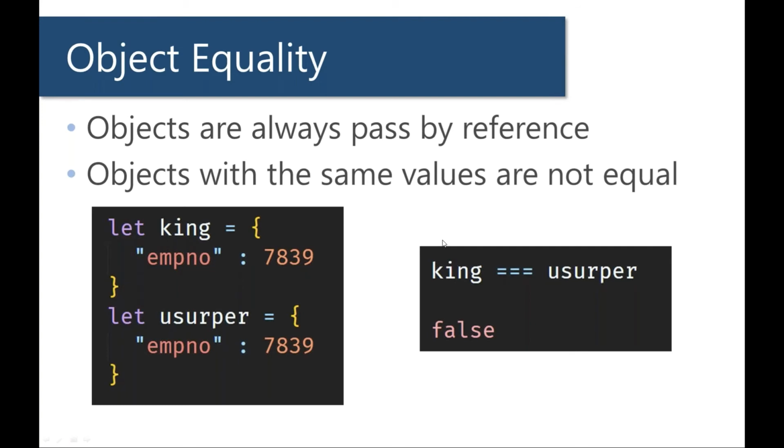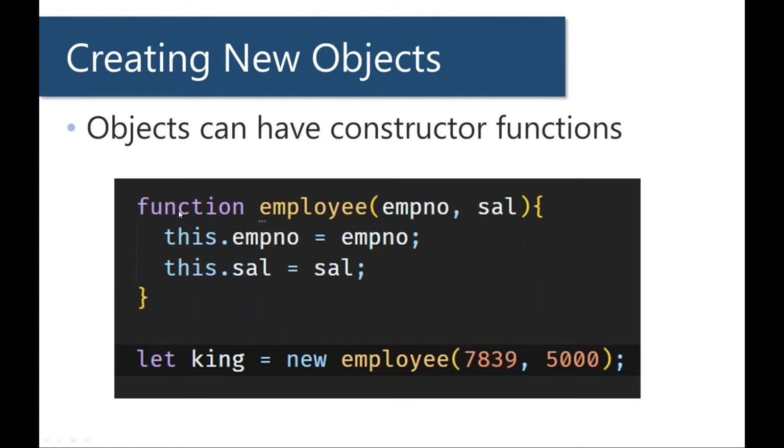And if I go to my next slide here, I can define a function. I'll call it employee. It's the type of object that I'm looking for. And actually, there's a little bit of a typo; that really should be a capital E, so I can make it abundantly clear to the rest of the world that this is meant to be treated as its own standalone object. So a little bit of an issue there in that code.